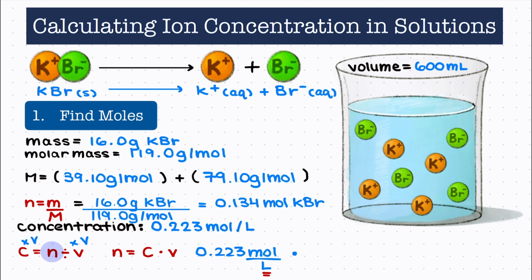We have 600 milliliters, and since there is 1,000 milliliters for every liter, that will give us 0.600 liters of water. Now you'll see that the liters cancel out, and we are left with moles, and we're left with an approximate mole value of 0.134 moles of KBr solid.